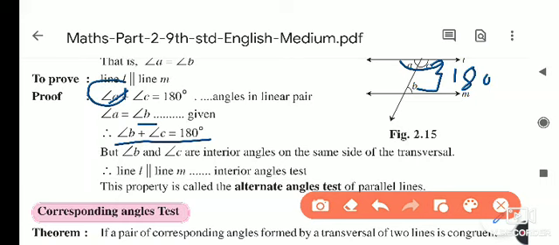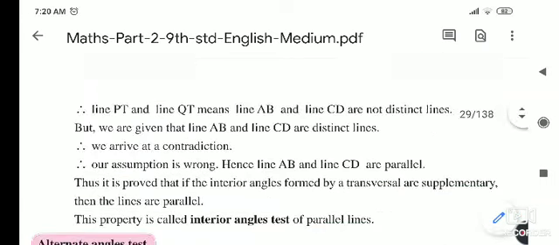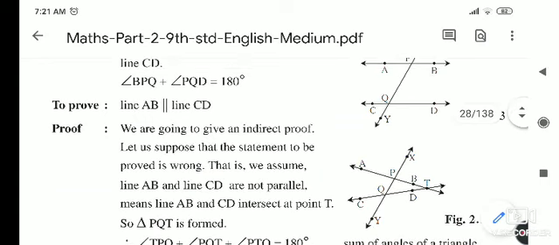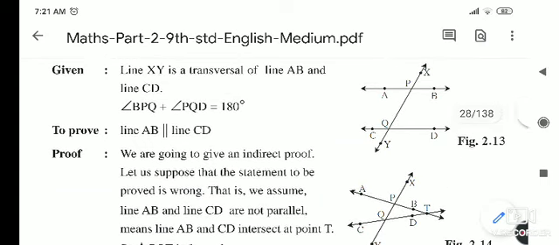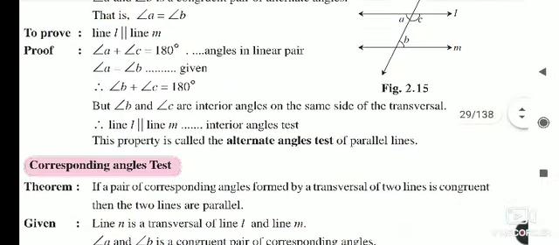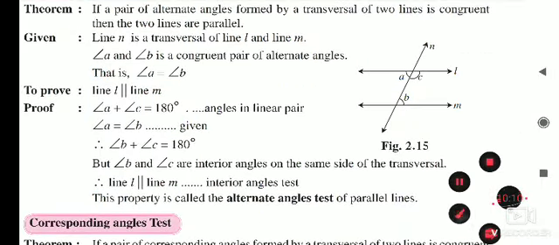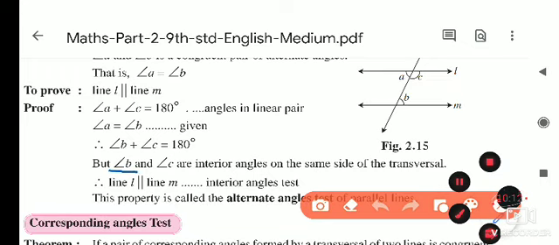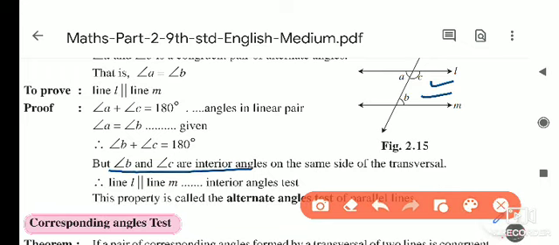Just now we saw the interior angles test: if the sum of interior angles is 180, or supplementary, then the given lines are parallel to each other. So from the same statement we write that angles B and C are the interior angles. Okay, here it is C and here it is B. So they are interior angles on the same side of the transversal.